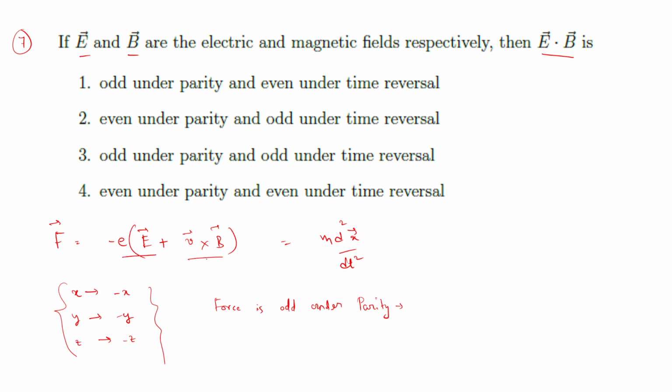If you look at the first, the electronic charge e is a constant, and the physical quantity is the electric field. So if this is odd under parity, then the electric field also has to be odd under parity. So E is odd under parity.